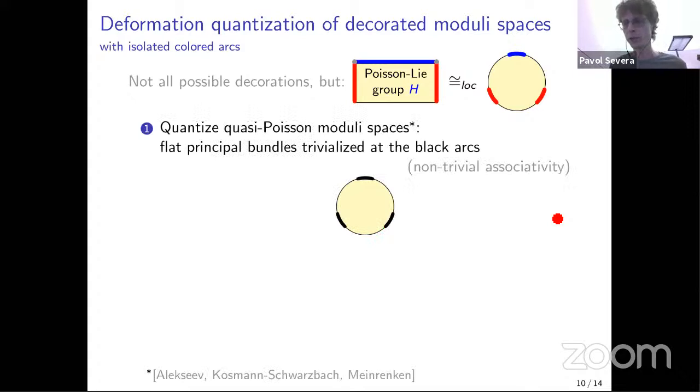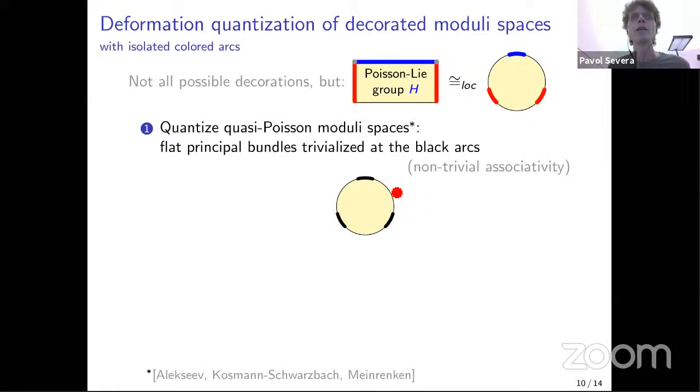Okay, so how do we do it? We actually didn't start with those colored things. We looked at slightly different moduli spaces where we still have these thick arcs, but there we reduce the structure group completely. So it will trivialize the bundle. There's a flat trivialization at each of those black arcs.